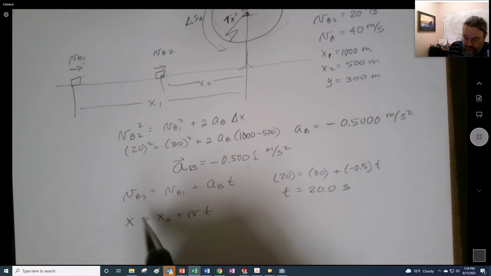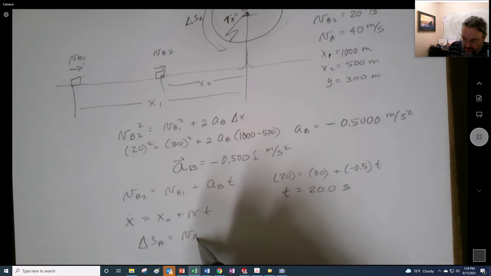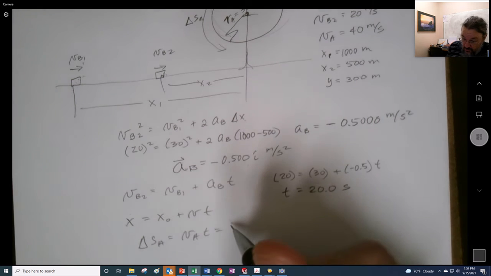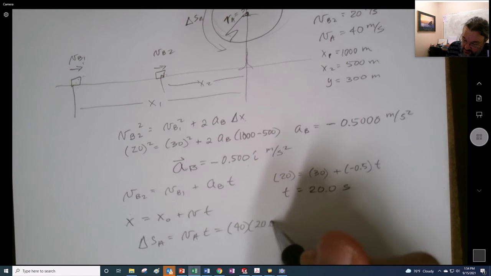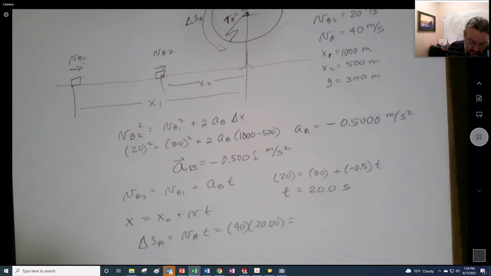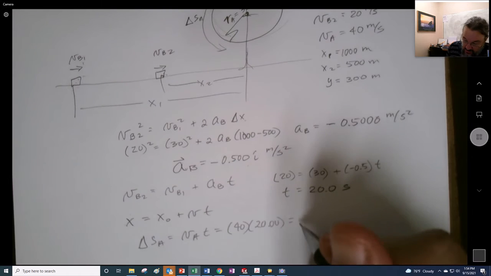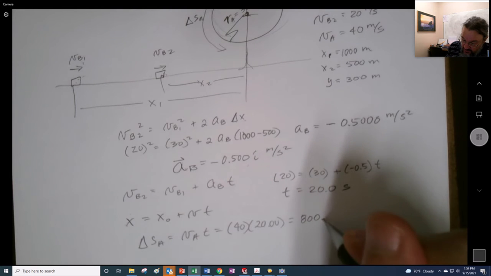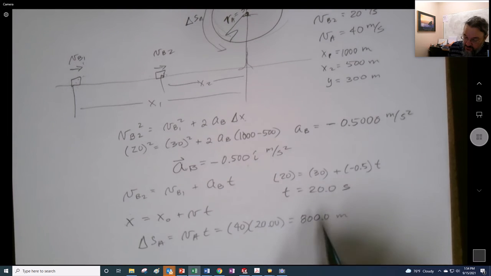So delta SA is just going to be VA times time, which is 40 times 20. So 40 times that is 800. So it has traveled 800 meters.